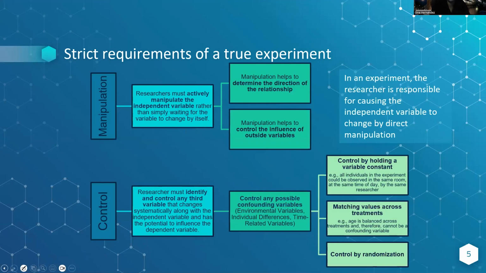So it is all about manipulation and control of the variables. In experimental design, the researcher must actively manipulate the independent variable rather than simply waiting for the variable to change by itself. With this manipulation, we can actually determine the direction of the relationship between the two variables.